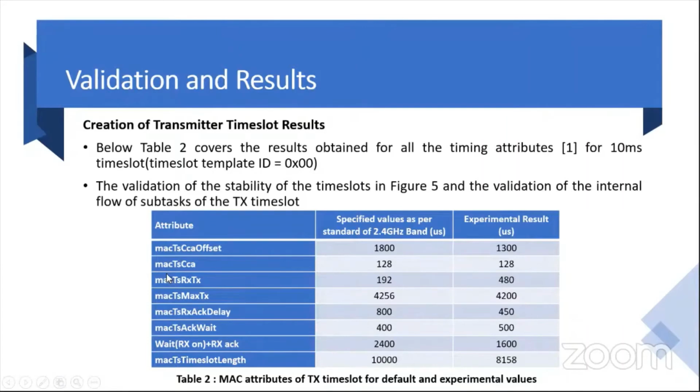Then from fire ready, it will enter into the TX state and transmit the data, then revert to fire ready again and enter into the RX state in order to receive the acknowledgement. All these states have to occur in a timely manner, and that is specified in the standard. These are the standard-specified parameters for the 10 millisecond time slot, and these are the experimental results that we got with respect to the transmitter time slot.